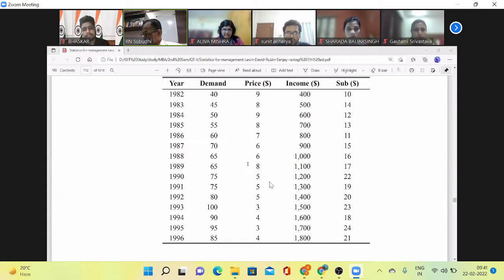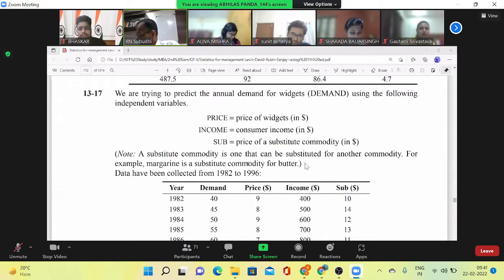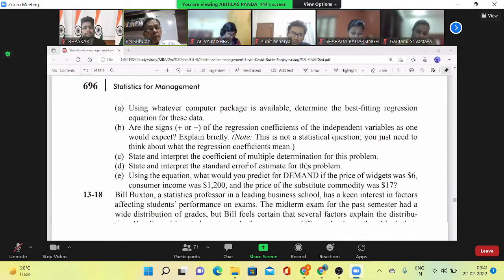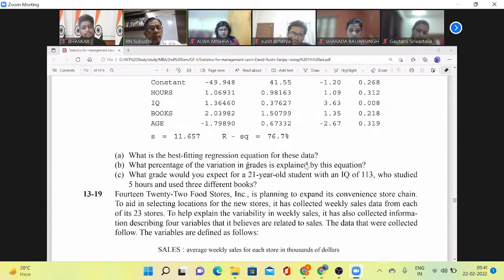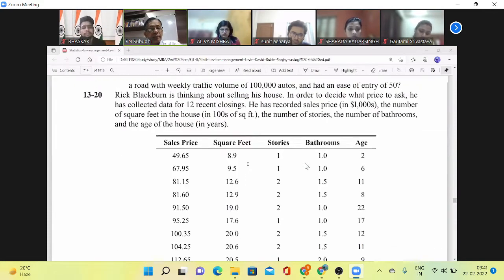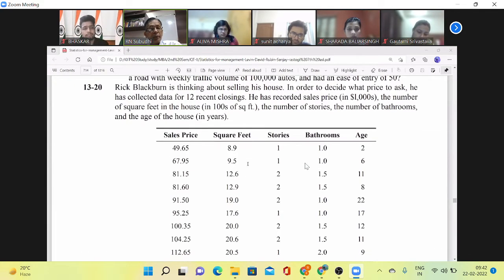Take a minute, wait. 13.20 we have covered. Next. 13.20. Look, all of you, read this. Can anybody take a screenshot and circulate it in the WhatsApp group?